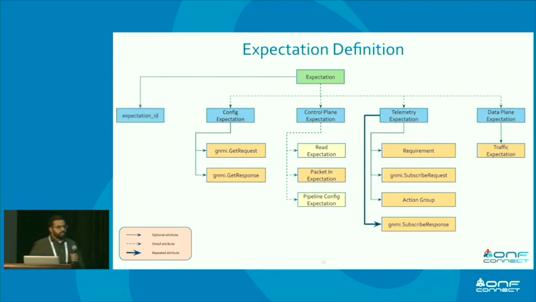Telemetry is basically to test the subscription part of gNMI. We subscribe to a path on gNMI, and then we have certain actions. Like Mark mentioned before, we have the packet counters. We can subscribe to the packet counters of an interface, send some traffic, and verify that the packet counters are incremented. That's where we use expectations.